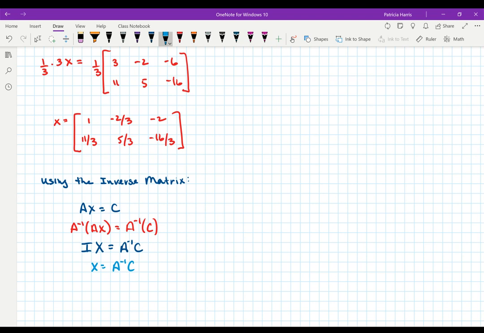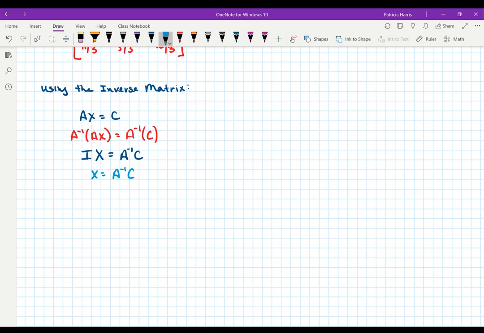Okay, so we use this to solve linear systems. A linear system you have dealt with before. It looks like this.